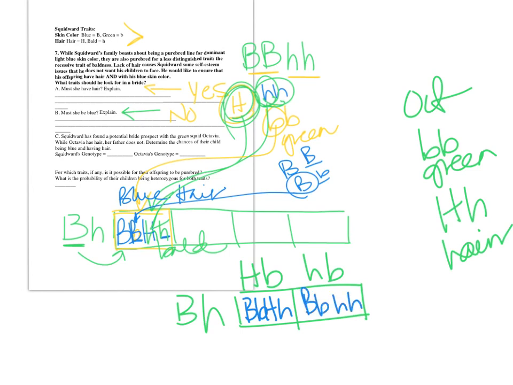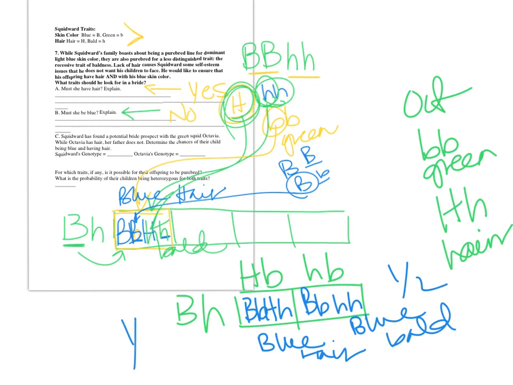So kids are going to be blue with hair, or blue and bald. So is that okay? He wants blue and hair. So no, that is not okay, because half of the kids are going to be blue and bald, half are going to be blue with hair. So they will all be blue, but only half will have hair.